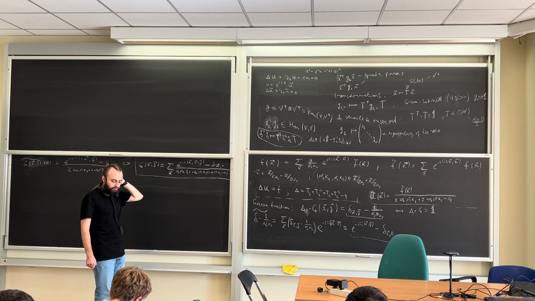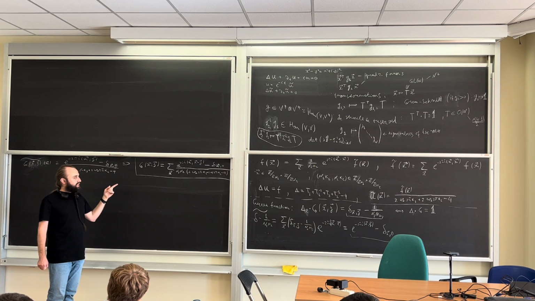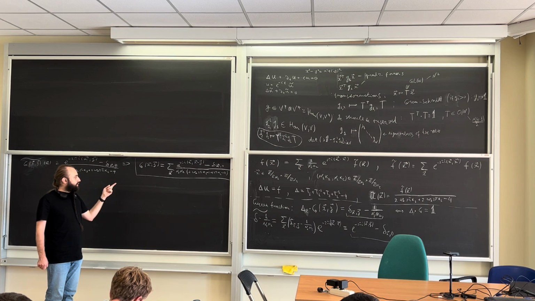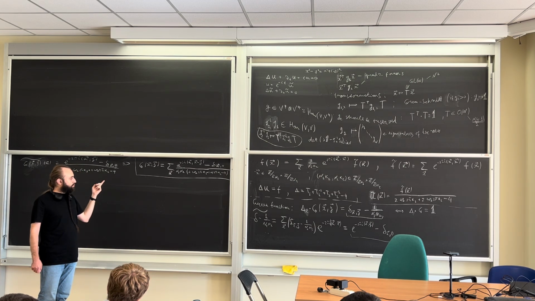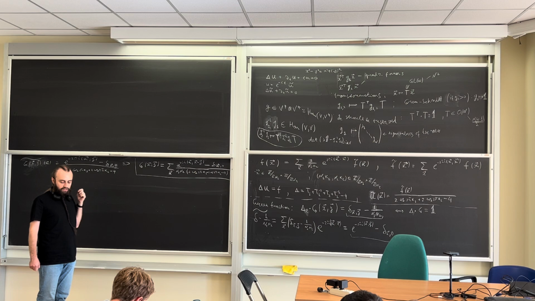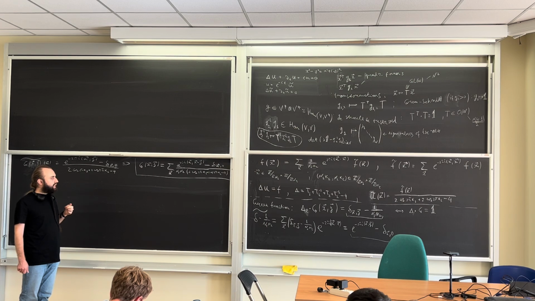But I'm not sure. Probably in this discrete case we cannot do anything more with this Green function. I think we cannot compute the sum, and that is possible only in the continuous case.